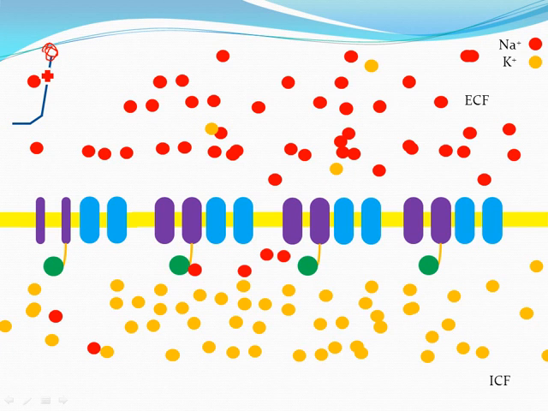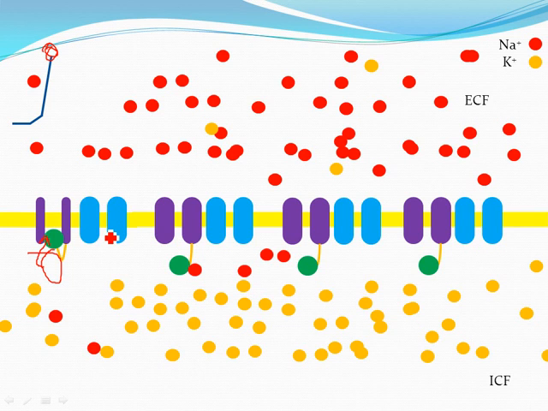Yes, it will go down, but we have to first stop the sodium from going in. How do you close the door? This inactivation gate will first block the sodium voltage gated channel. So that inactivation gate blocks that channel, and now sodium can't pass through anymore.